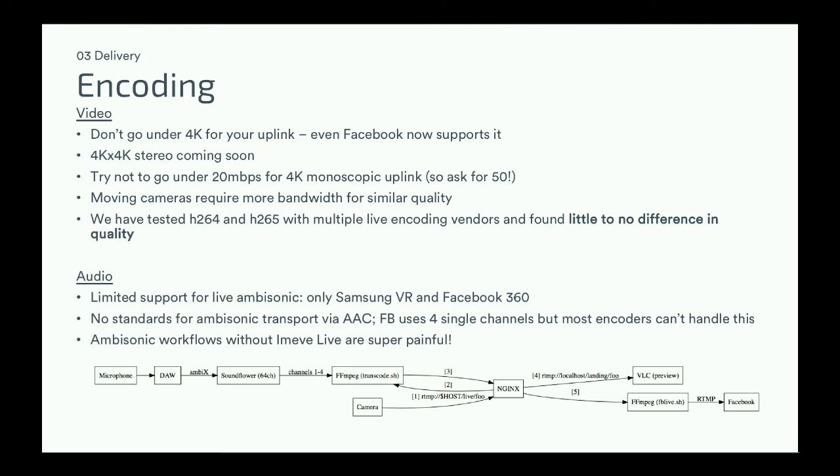We've tested the best, the most expensive encoders on the market at both H.264 and H.265, and in live, the difference is nominal. The H.265 compression algorithm has a lot more encode complexity that you can't do in real time. So as a result, don't worry about H.265, at least not this year, for your live encodes. H.264 is just fine.